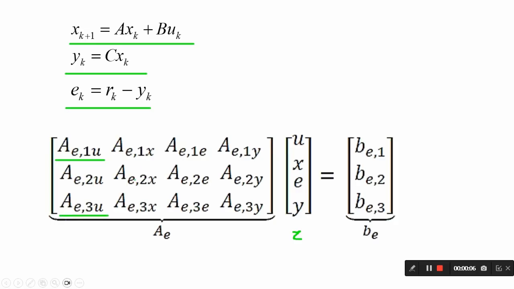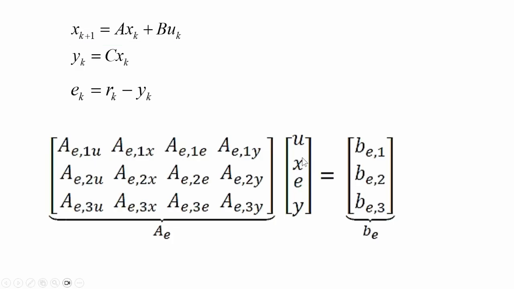Now, since each element of AE will be multiplied with each of the unknowns in the vector Z, we will have 4 different columns. For the first component of the unknown vector Z, which is U, I will write it as the first element. For the second element, which is X, we will have another column. It still is from the first equality constraint, but it is for X. And so on for the 2 remaining components of the unknown vector Z.